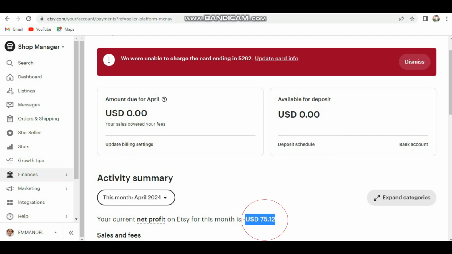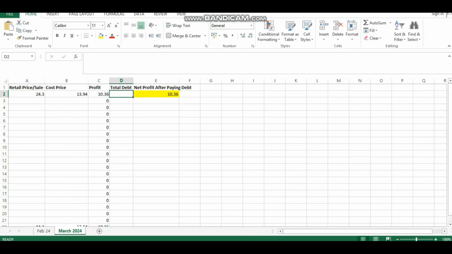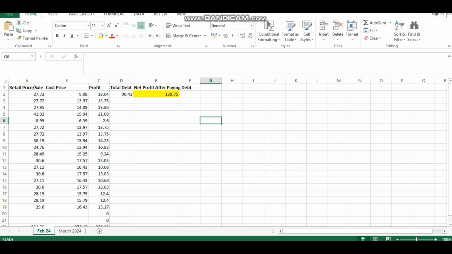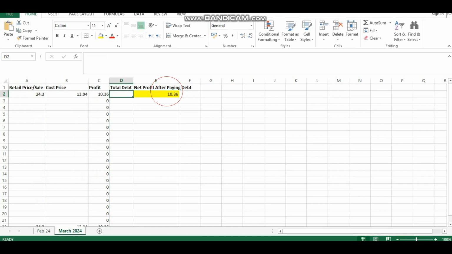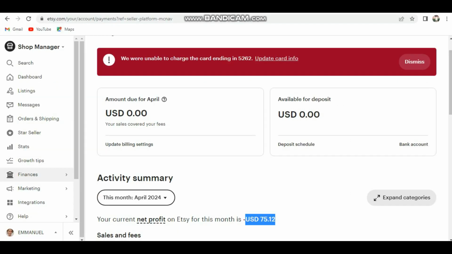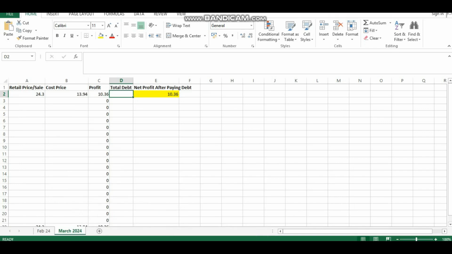Now what this implies is for the month, because this template is a monthly template. You can see it's February, this March. So this is my February statement over here. I made a net profit of $139 on Etsy for February. For March, now you want to put in the total debt. The total debt is, like I told you, the total amount you're owing Etsy for that particular month so far. So what this does is it helps you watch your numbers as the days go by.